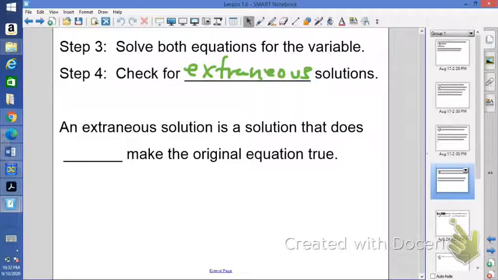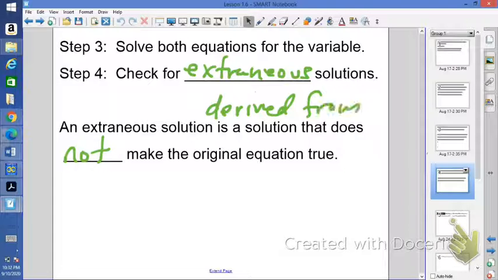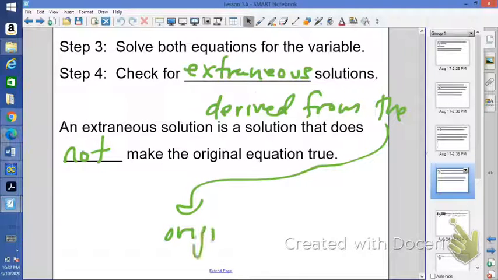Now, what's an extraneous solution? It is a solution that does not make the original equation true, but it's not as simple as that. Let's be a little more precise.